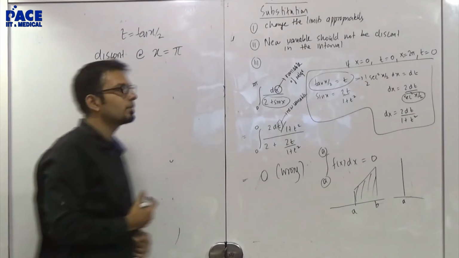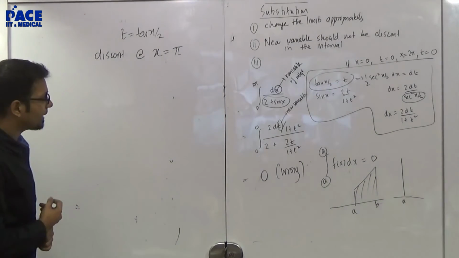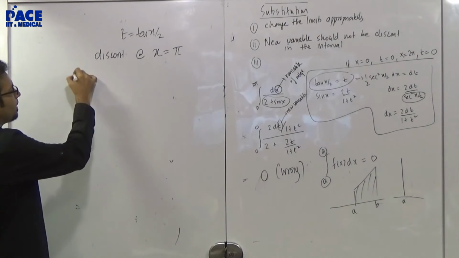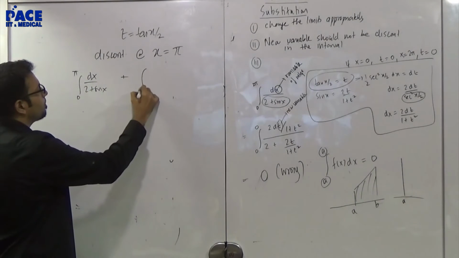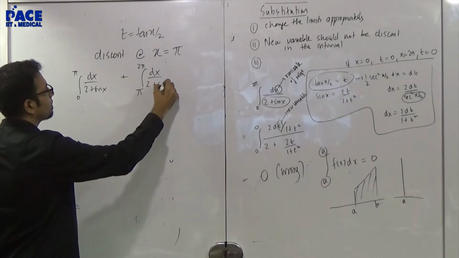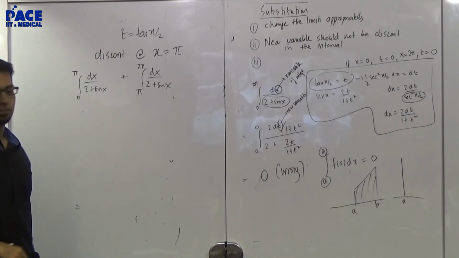Okay? Now, how to actually correctly do this? We can split the interval into 2 parts. 0 to pi and then pi to 2 pi. Okay? And then I will make the substitution.